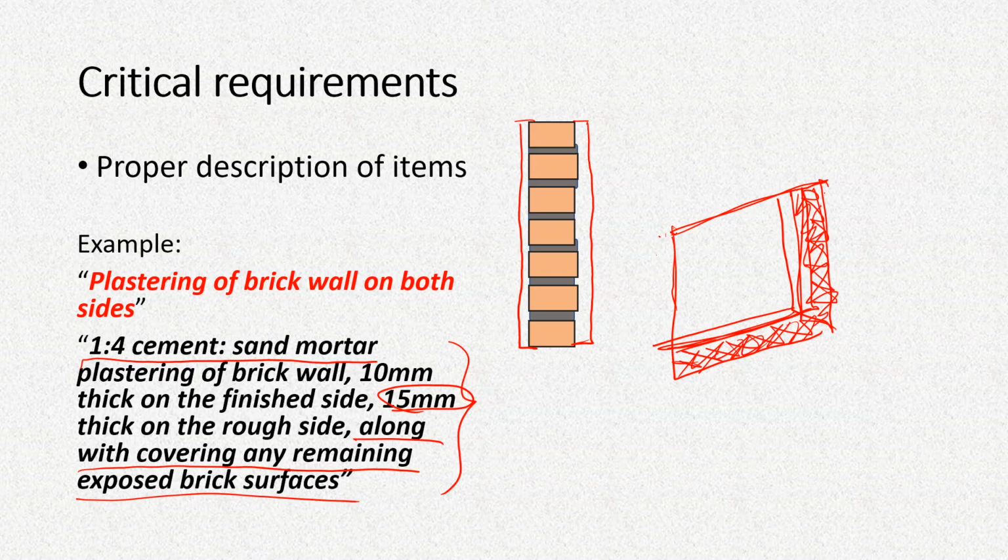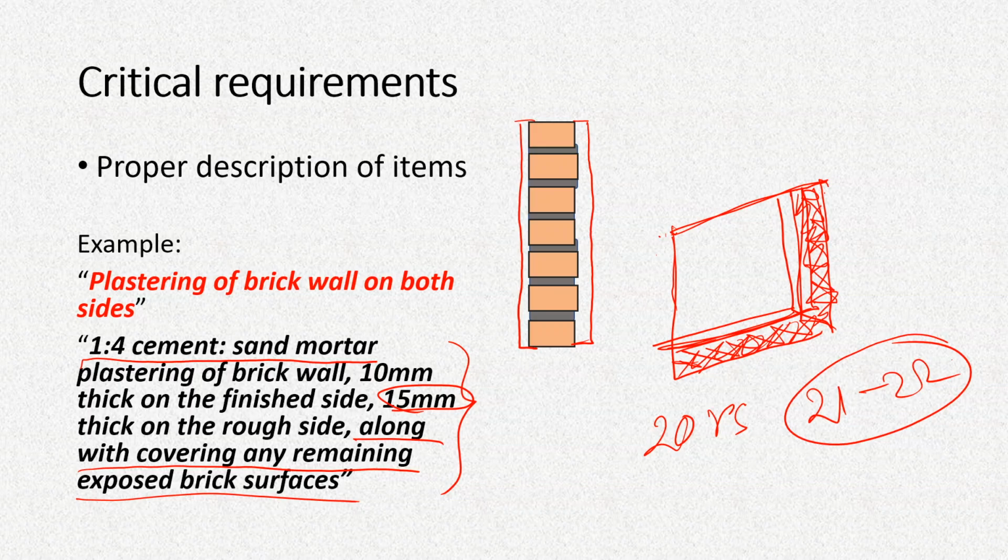Instead of, suppose, 20 rupees, he may quote 21 or 22 rupees, which is not much, but it takes care of the extra time for which he has to pay the masons.